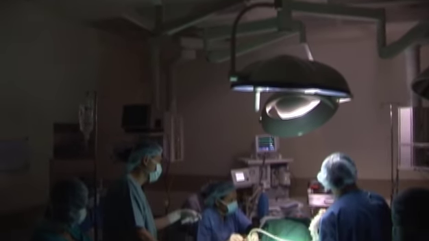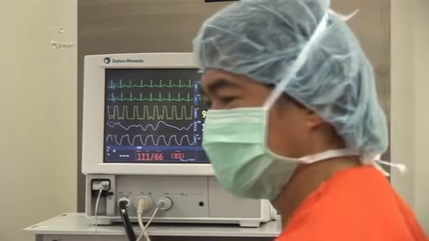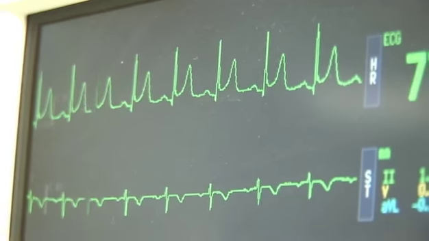Many people think that the role of the anesthesiologist is limited to the application of anesthesia. But the truth is, the anesthesiologist is responsible for more than just that. After induction of anesthesia, the patient is continuously being monitored.